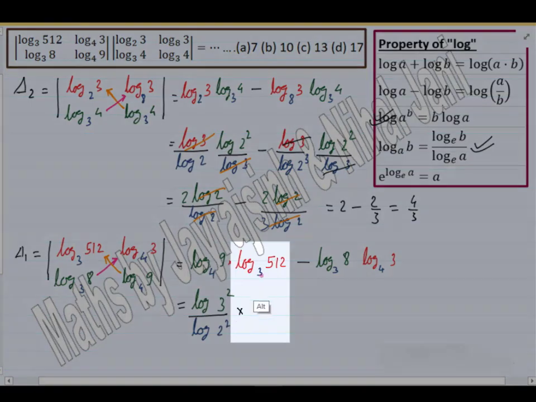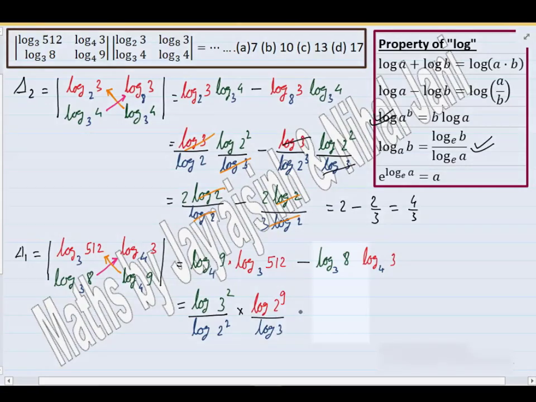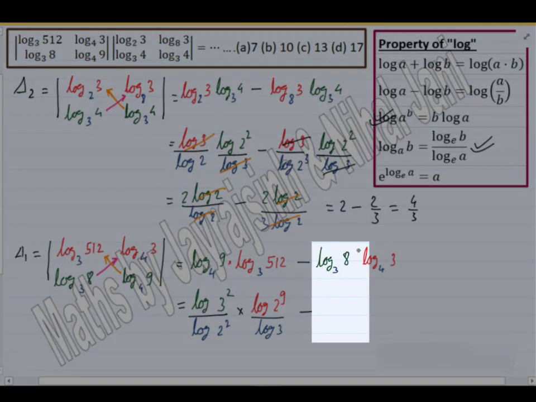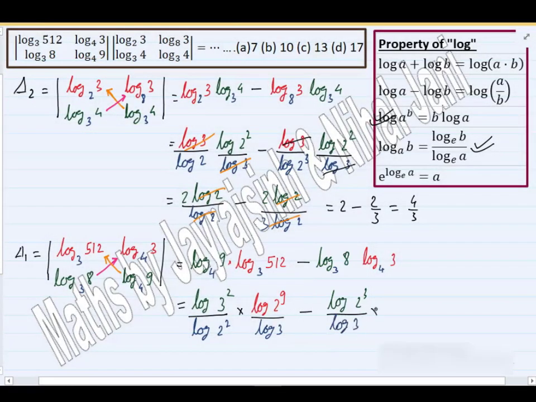And the second term log 512, or we can say log 2 raised to 9 upon log 3, minus, it's time for the second term, log 8 can be rewritten as log 2 cube upon log 3, and similarly here we will get log 3 upon log 4, or we can say log 2 square, right?